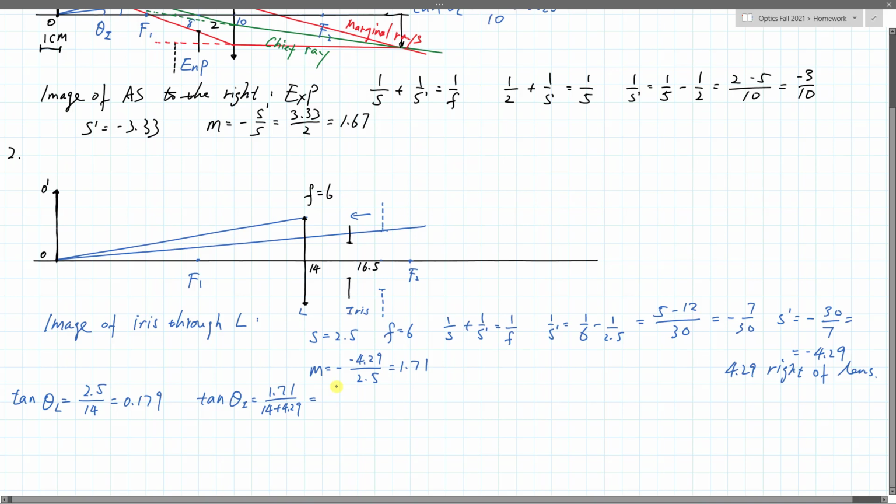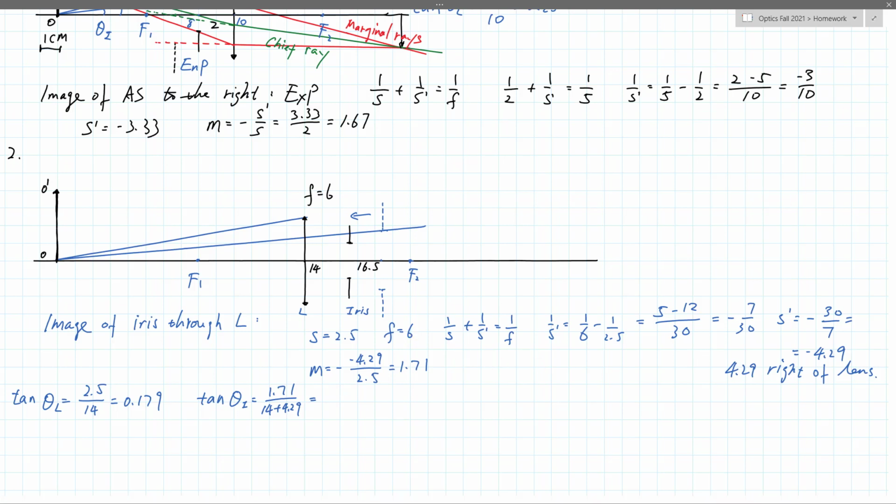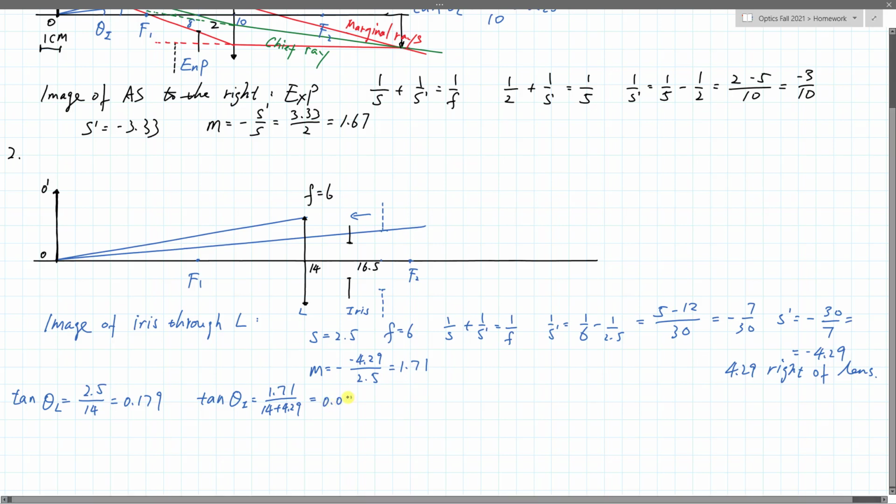I'll get a value from my Python, and it's 0.093. So apparently the iris is still the aperture stop. I'll put that in there, aperture stop.